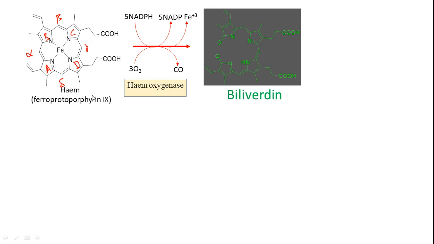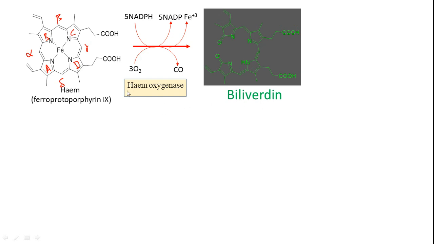Now the heme will be oxidatively degraded with the help of an enzyme we call heme oxygenase. Don't be confused by the spelling, HAEM and HEME are both the same. Heme oxygenase takes NADPH as a cofactor, and thereby oxidizes the heme ring and synthesizes biliverdin, a greenish colored chemical.